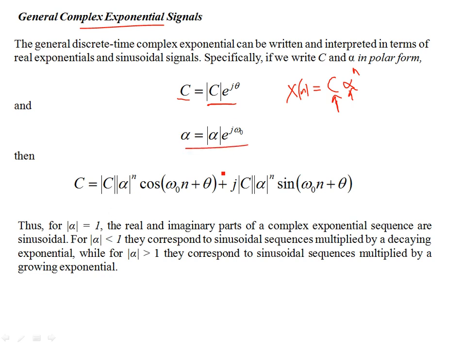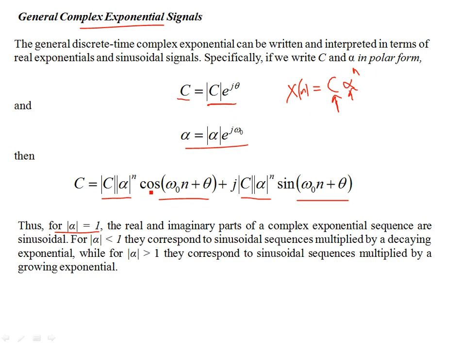So what you can do is have the magnitude terms together. You can combine them, and then you can go on expanding exponentials in the Euler form. So you have the real part as cosine and the imaginary part as sine, with omega naught as digital frequency, having dimensions of radians. And if omega naught by 2 pi is a rational number, then it's periodic, otherwise it's not. We know that now. So what happens if the magnitude of alpha is 1?